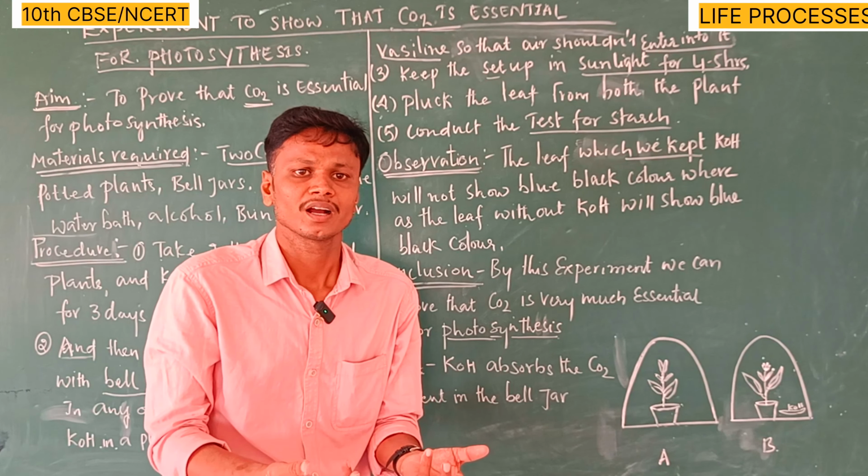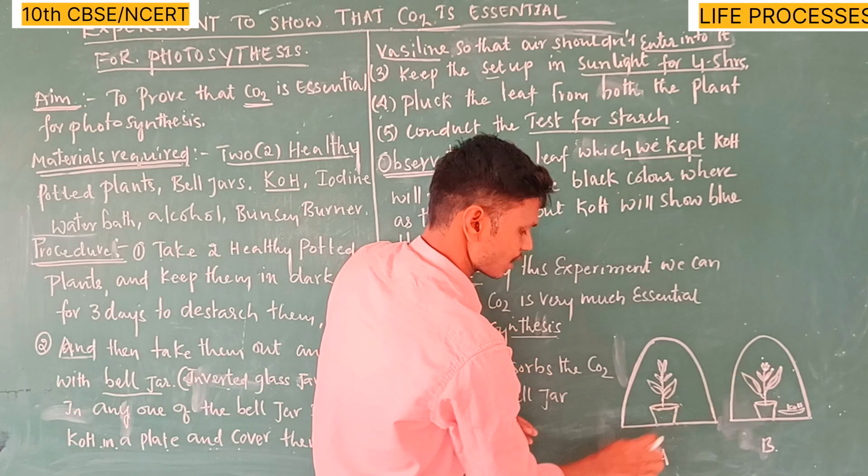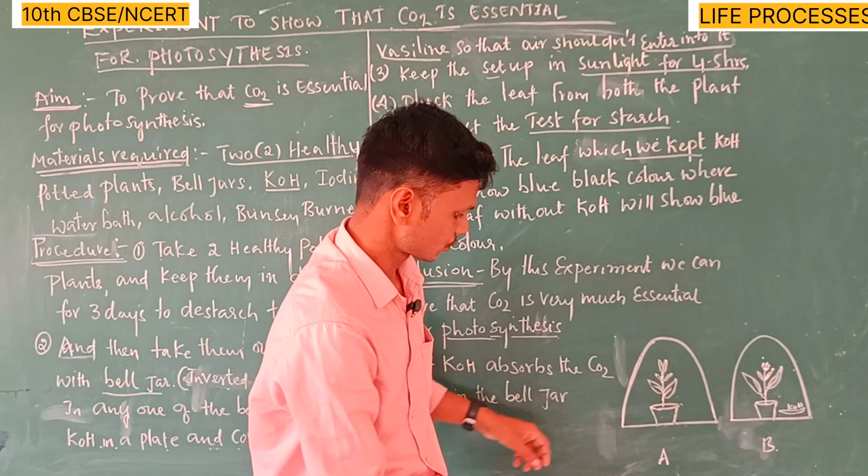This is the diagram you have to draw. This is plant A and plant B, and you cover them with bell jars. These are the inverted bell jars, or inverted glasses. Here you have to cover them airtight with Vaseline, and in any one of the bell jars you should keep KOH.